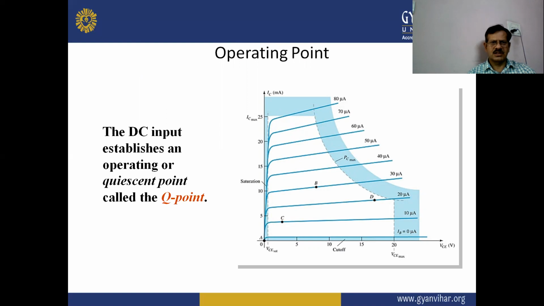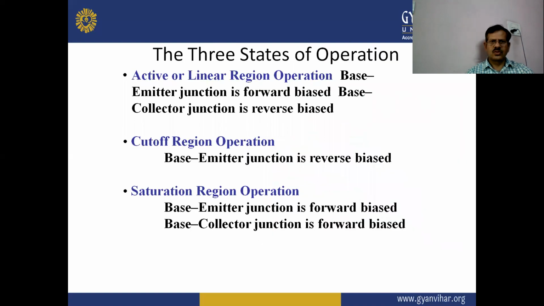There are different operating points in this graph of output current versus output voltage at different base currents. So there are three states of operation, basically.